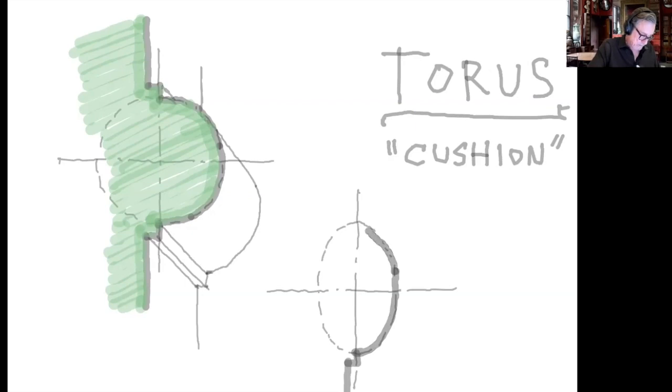And you do see them sometimes, like that. And that's the torus. It's a very big, expressive molding, and we'll learn a little about that as we go on.